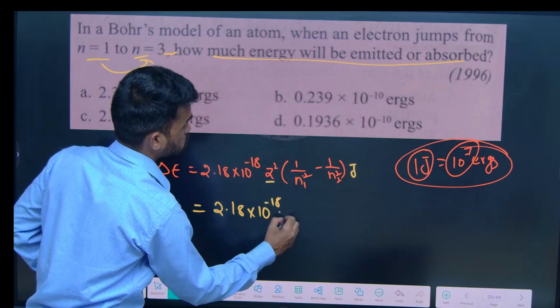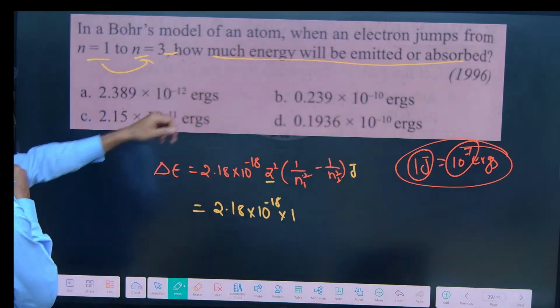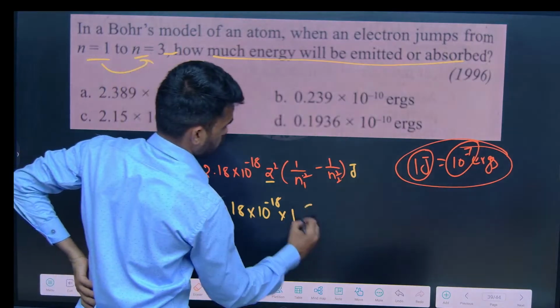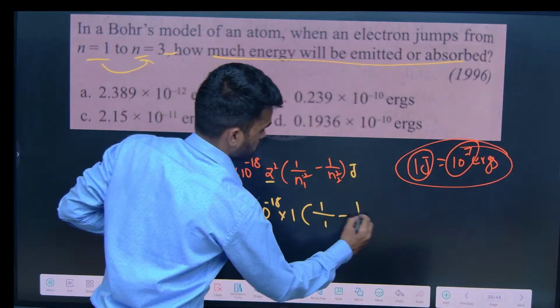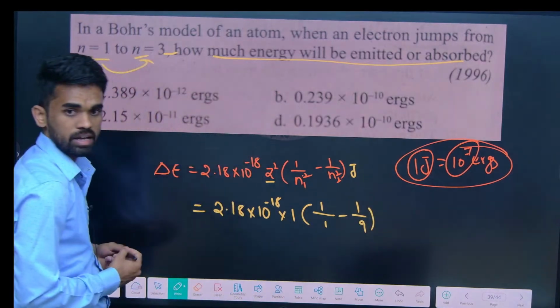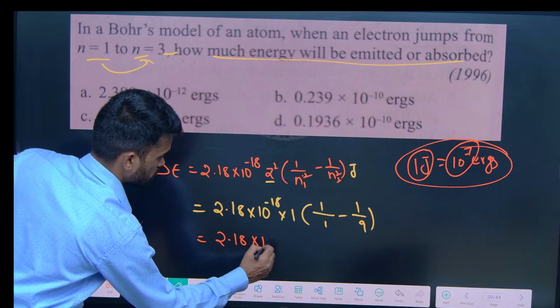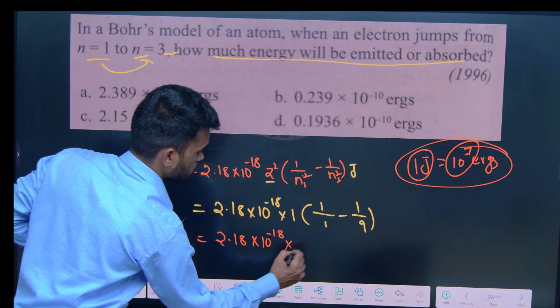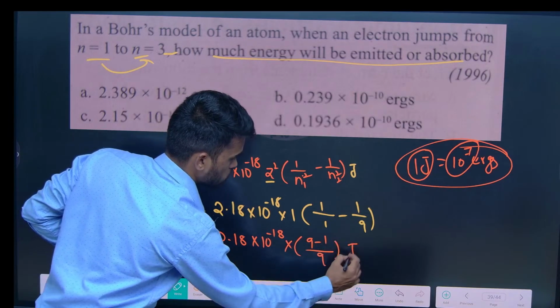So z square is 1 for an atom, electron jumps from. Okay. The next 1 by n1. n1 is how much? 1. This is 9. n2 is 3, 9. Okay. So it will be 2.18 into 10 power minus 18 into 9 by 9 minus 1 by 9 joules.